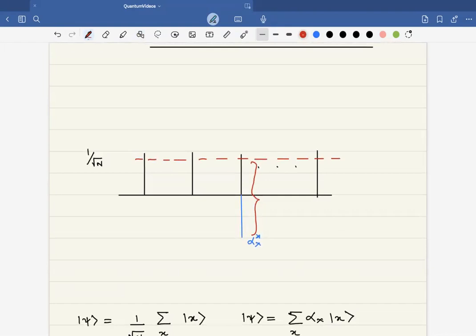So the final amplitude will end up somewhere over here. Let me just redraw this.